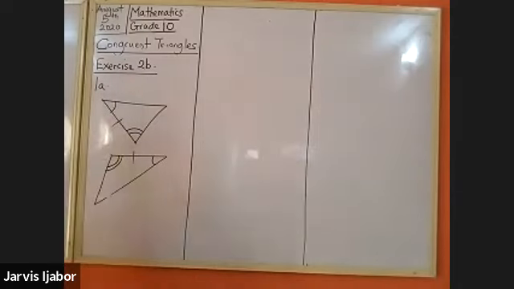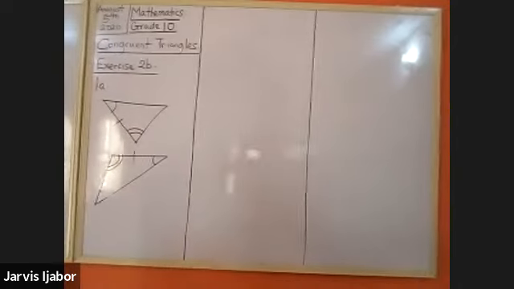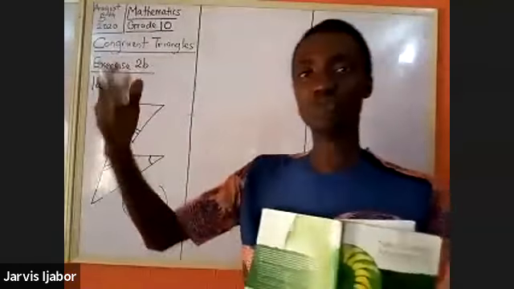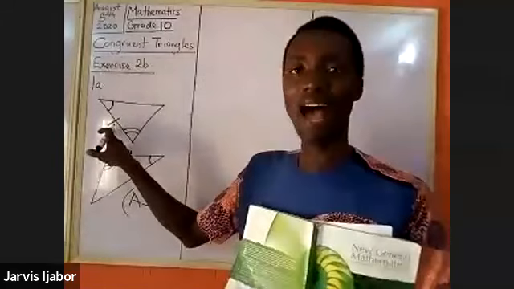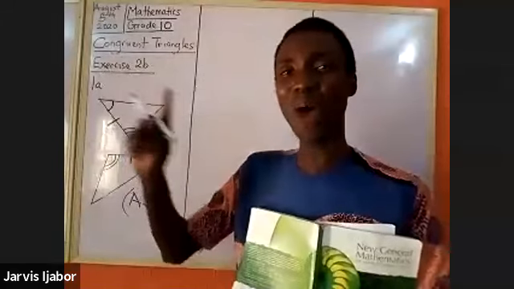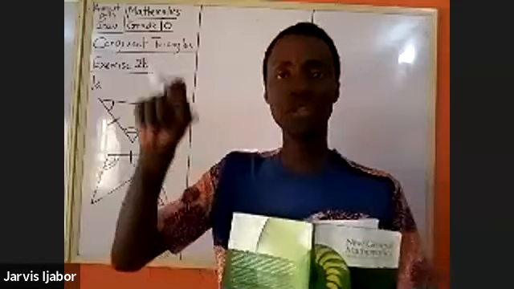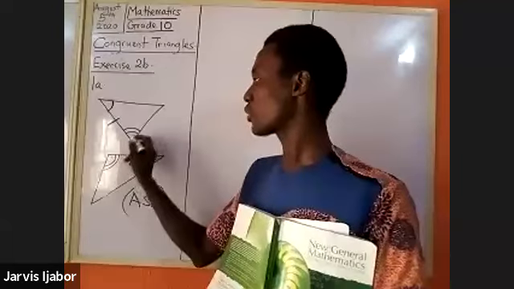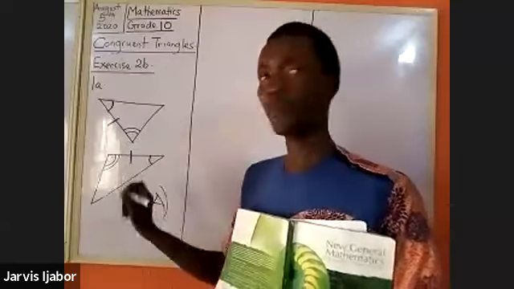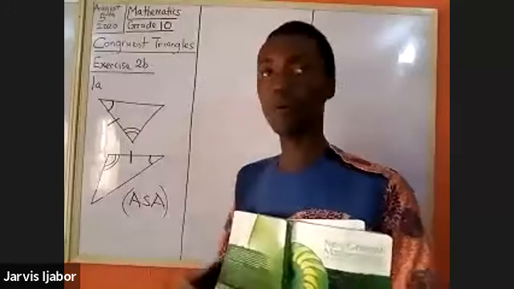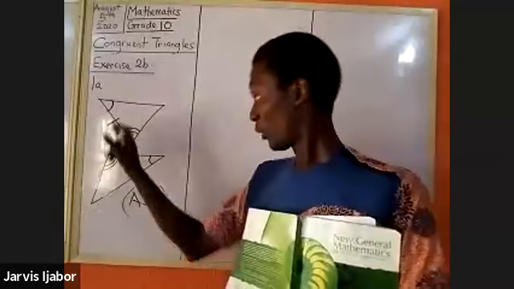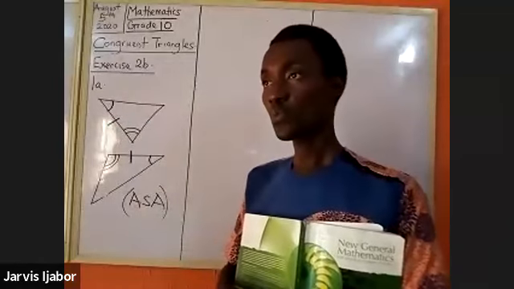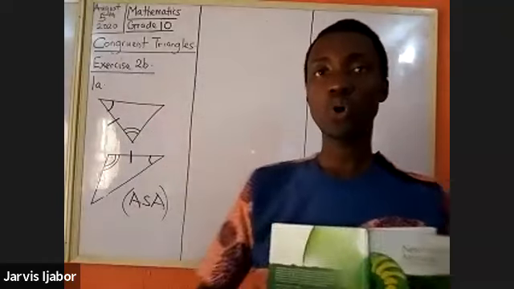So is it congruent? Compared with the diagrams you have drawn before now, are these two figures congruent? They are. Why? Because one of the conditions for congruency is that you have what? Angle, side, angle. These two angles correspond. These sides correspond. These angles correspond, irrespective of how you place them. They are identical. So we say that they are what? Congruent. Okay?